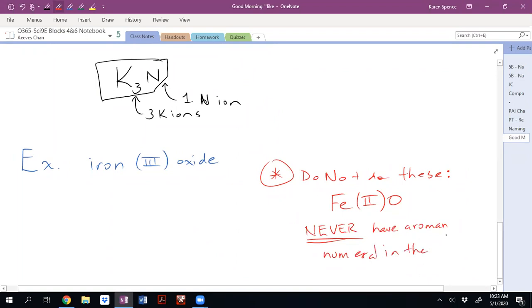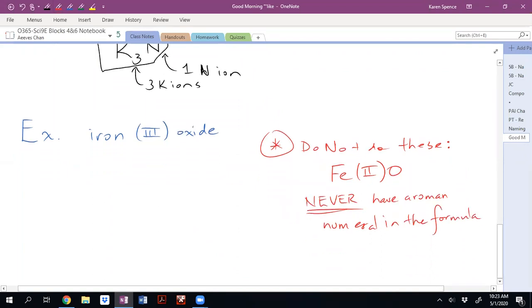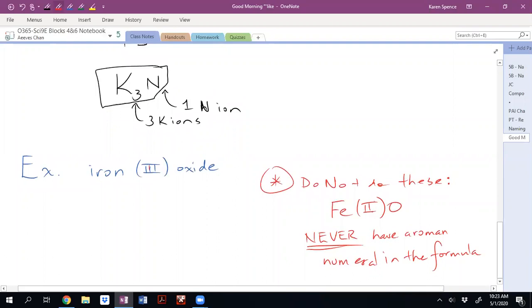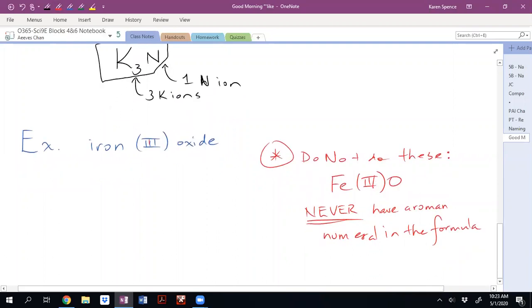Numeral, I forgot my L, in the formula, only in the name. Well, you wouldn't want to do it as iron 3 either. Certainly wouldn't want to do it as iron 2 because then it would be completely wrong.